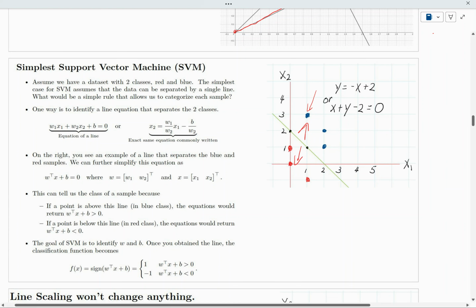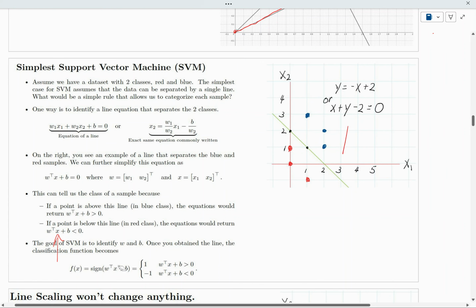The goal of SVM is basically to identify W and B. If we can identify W and B here, then anytime we plug X in, we just have to check whether it's a positive value or negative value, which is the sign. So if it's positive, it means it's above the line, then we'll assign that to 1.